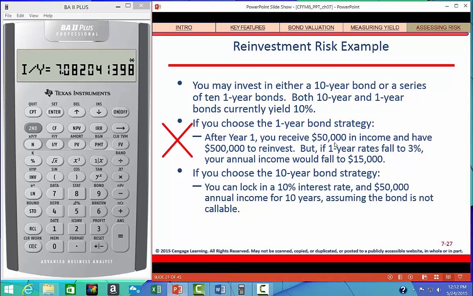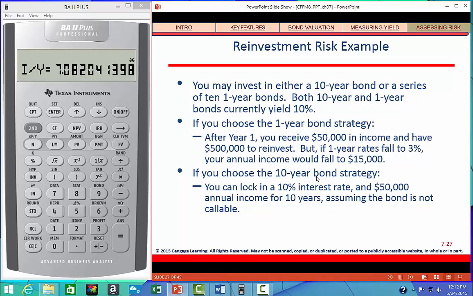You can live on $50,000. Then at the end of year one, you've got to find another investment. The problem here, and this is the reinvestment rate risk, is that if the 1-year rates fall to 3%, your income is going to fall to 3% times $500,000, so you would have a $15,000 salary you would suddenly have to live on for year two.